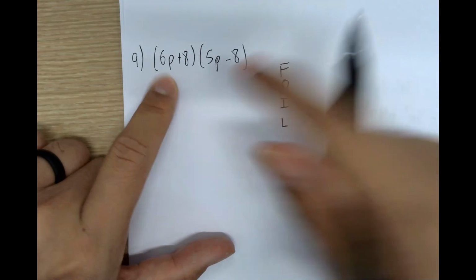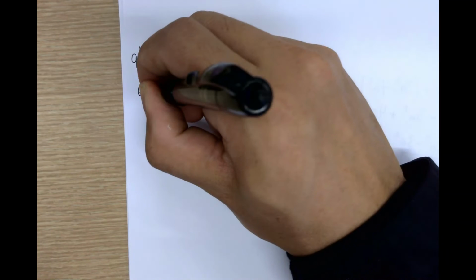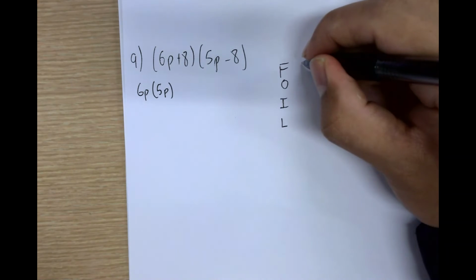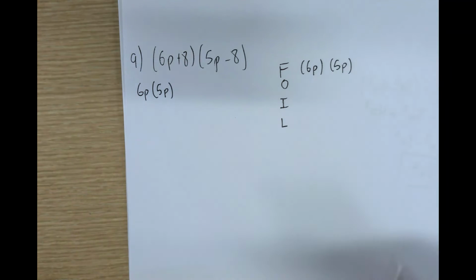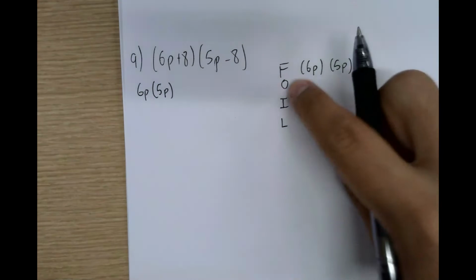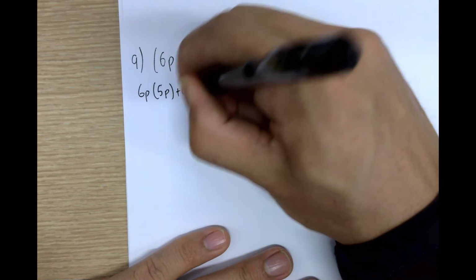And I'll go ahead and write it over here, actually, just to talk about which one's first. So 6p times 5p. You don't have to do that unless you want to write it for your notes. Then we're going to do outside, which is 6p times negative 8. So plus 6p times negative 8.